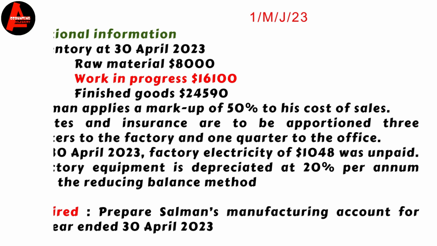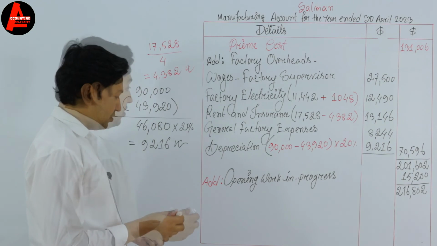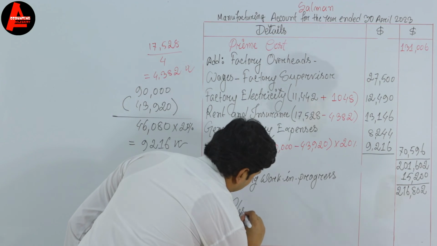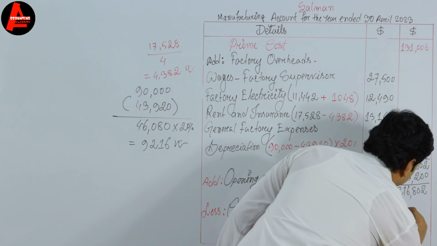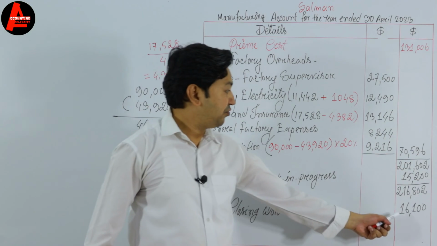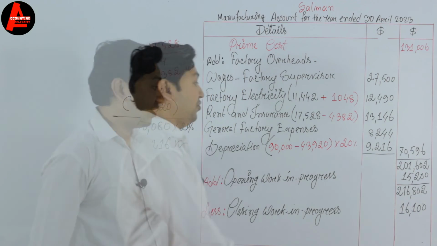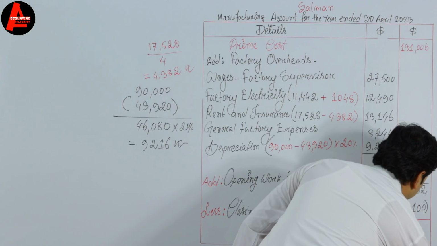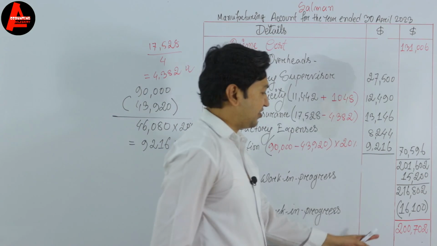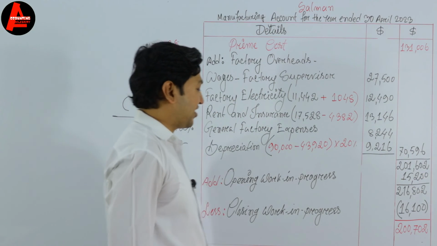So here we will write this amount, less closing work in progress, it is $16,100. Now if we subtract this amount from here we get $200,702.